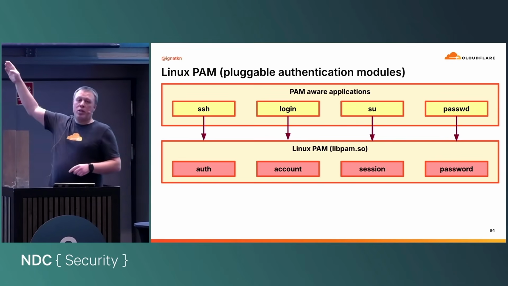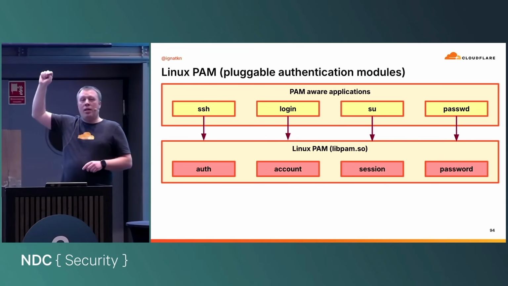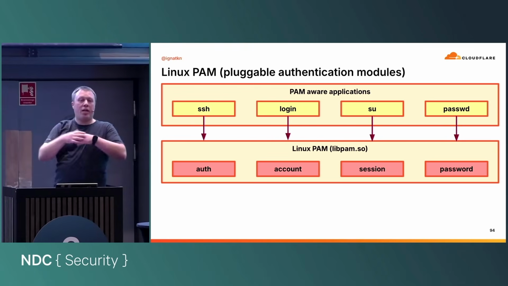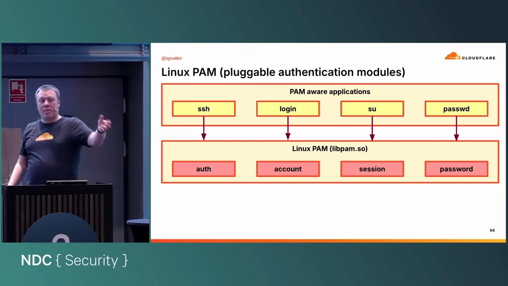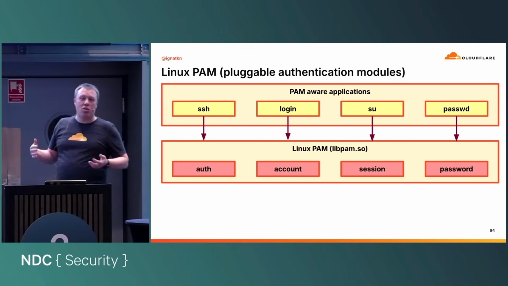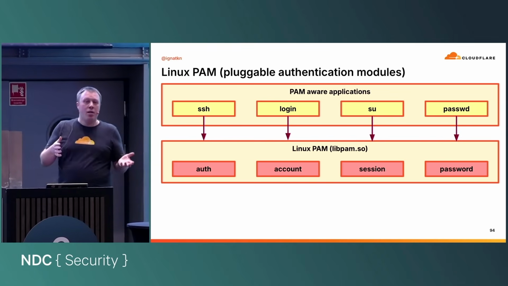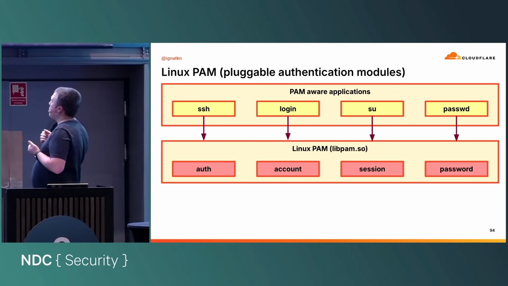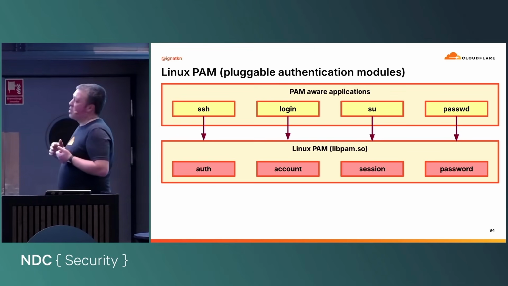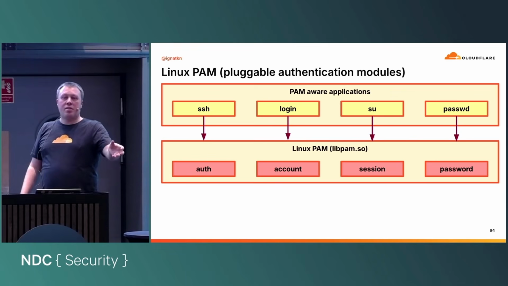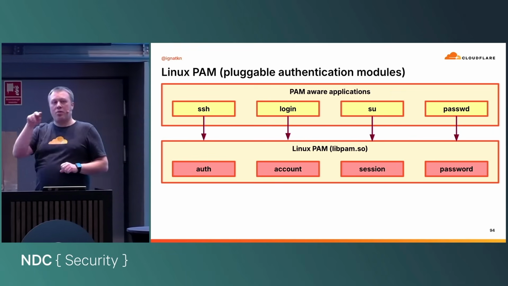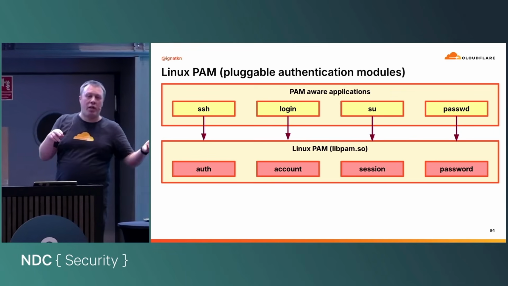At this point, when the account modules are called, authentication has already happened. So you have the entity of the authenticated user, and then you can perform additional system actions to grant them more privileges, for example. Session modules are usually used when someone logs in and logs out of the system, so they record the act of logging in and logging out.